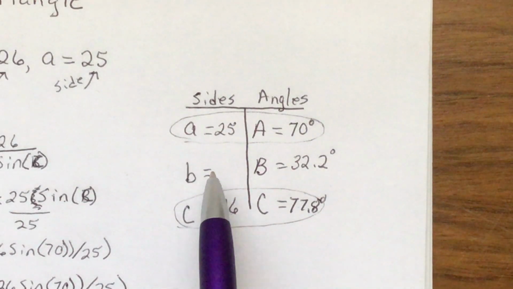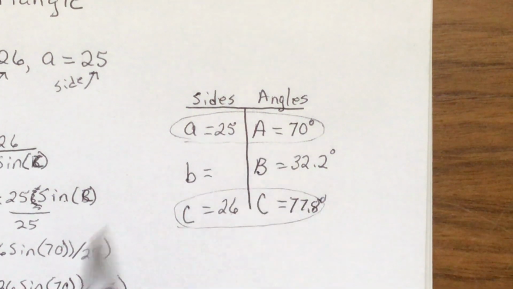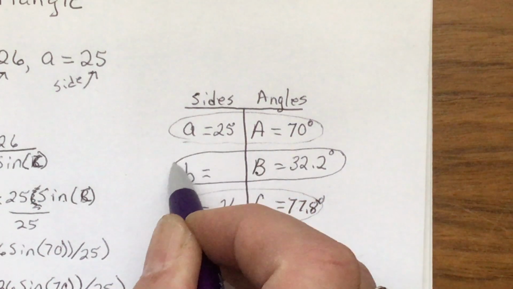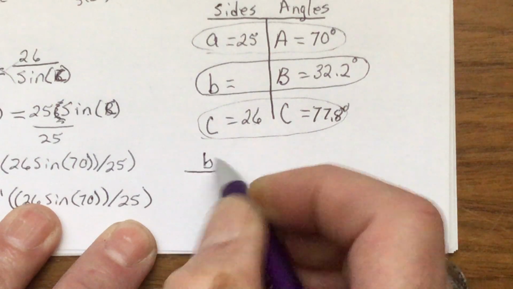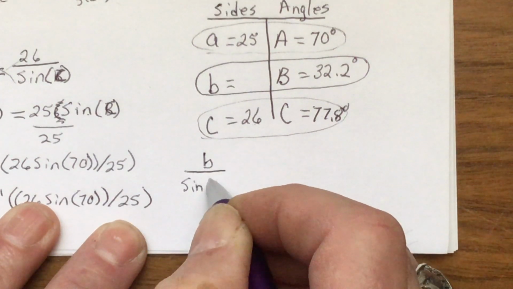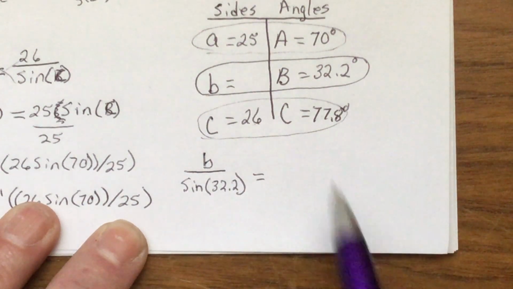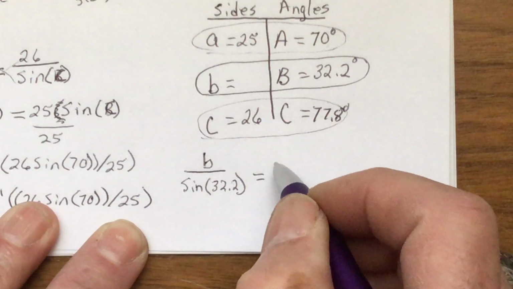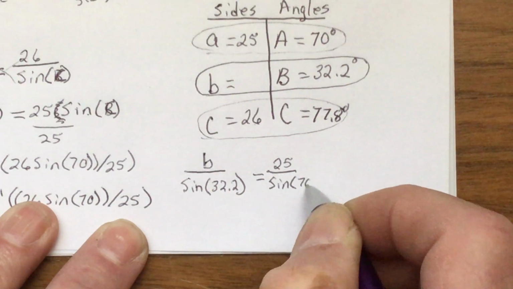All right, one more piece. We need the measure of side B. So I can either use this ratio to work with or this ratio to work with, but I know I'm going to be using this one right here. So B over sine of 32.2 equals. I think I want to use this one because it doesn't have a decimal for the angle. So 25 over sine of 70.